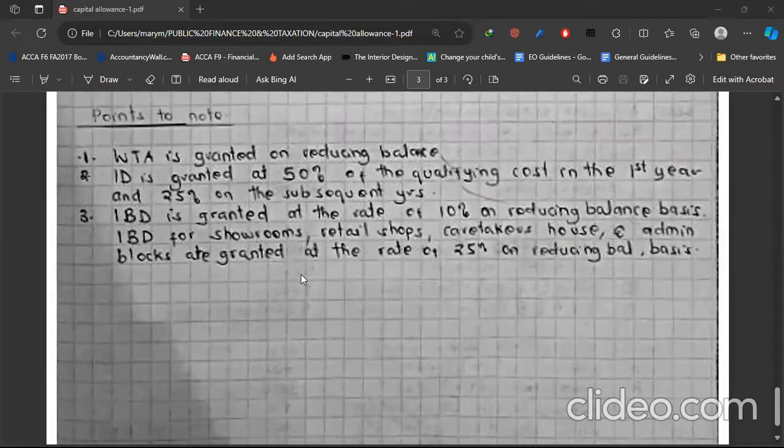Okay, let me share the PDF. I can use a phone scanner. Can you try? We see what we can do right now.